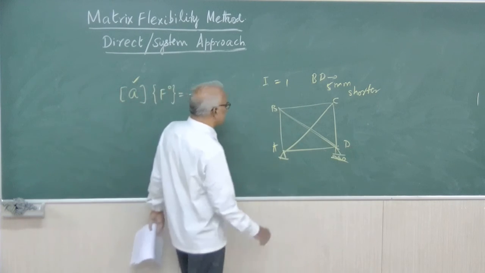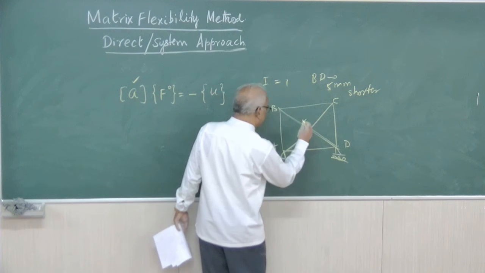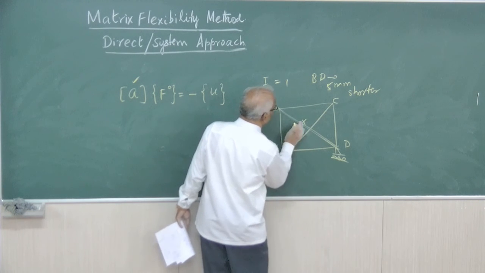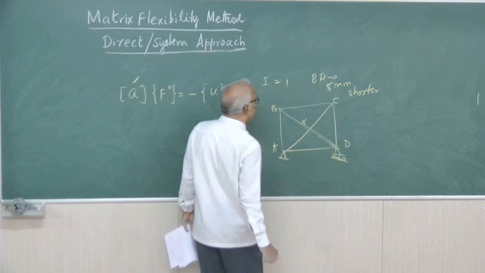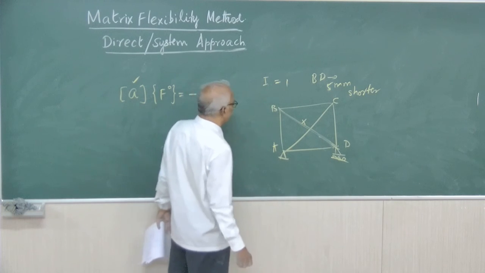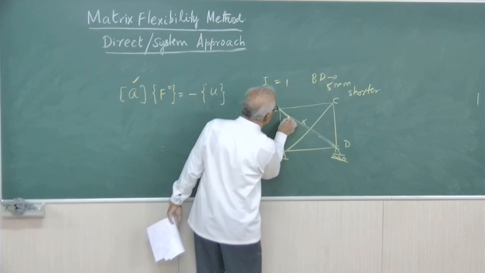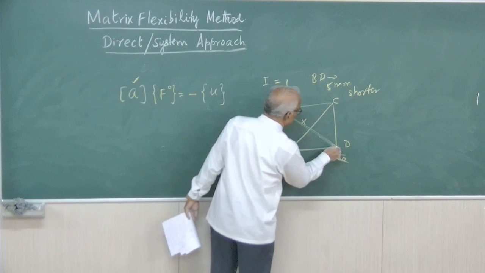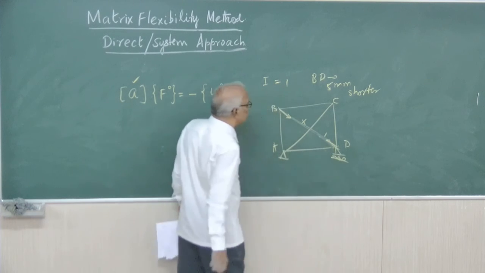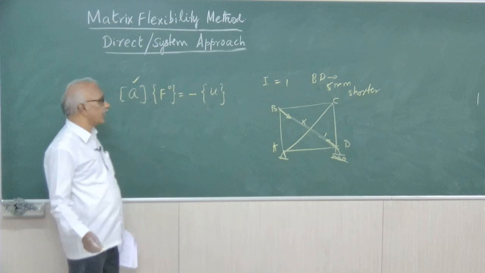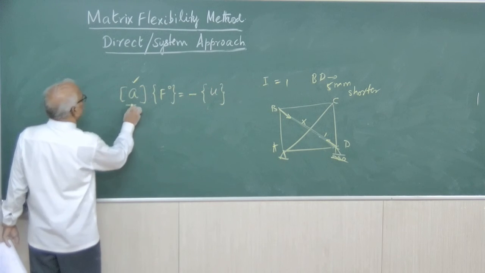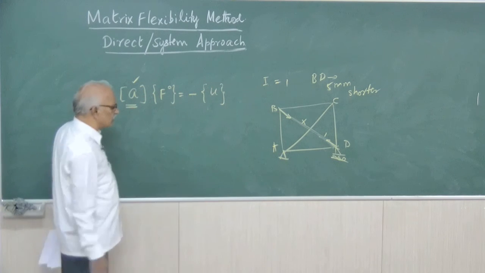You treat this as a redundant member, remove the redundant member or the member having lack of fit, and apply unit value of the force along this member. Directly find out the values of K, as we have just now done.